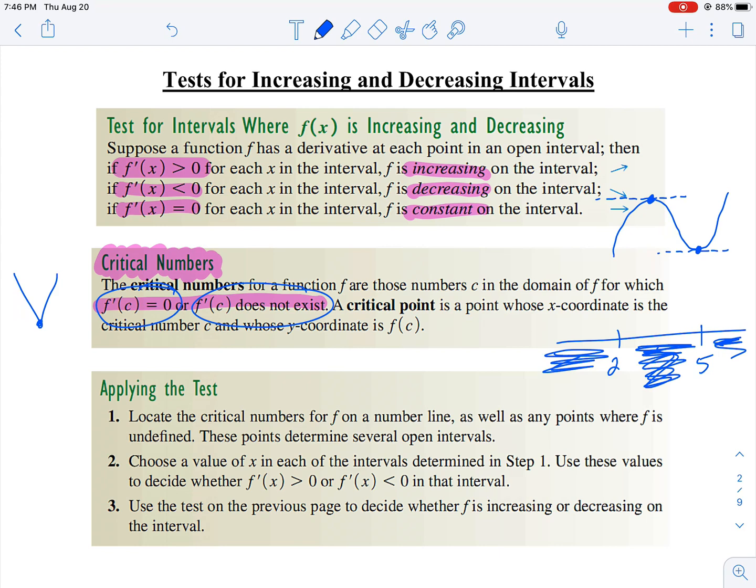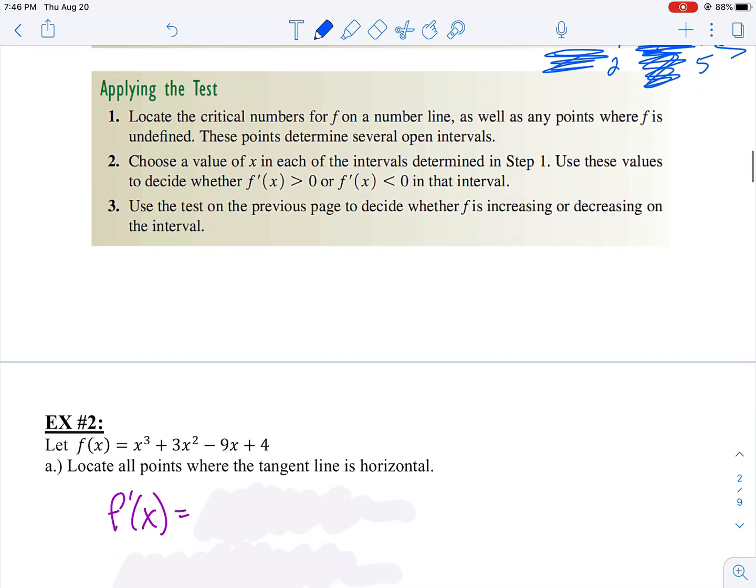So we're going to apply 3 different rules. Anytime they take away our picture and just give us a function, and they ask us where our function is increasing or decreasing, we're going to, number 1, find our critical numbers. Remember, critical numbers are where our derivative equals 0 or where our derivative doesn't exist. So we have to find the derivative.